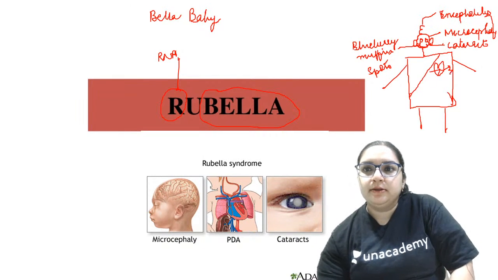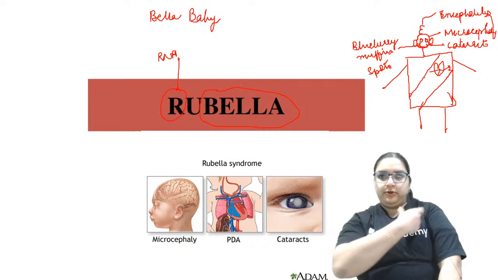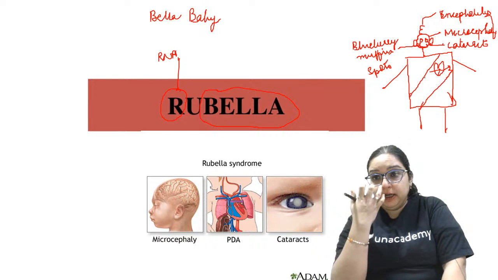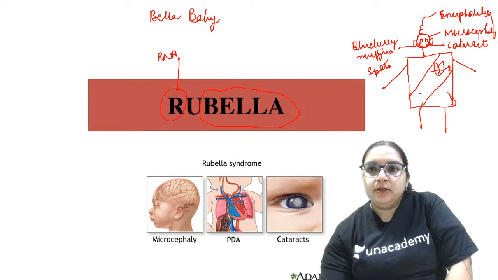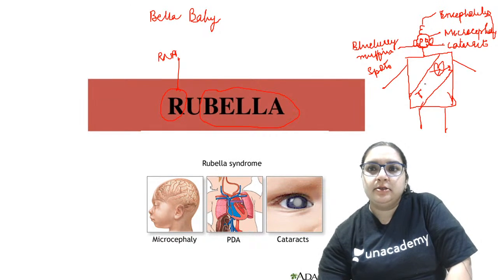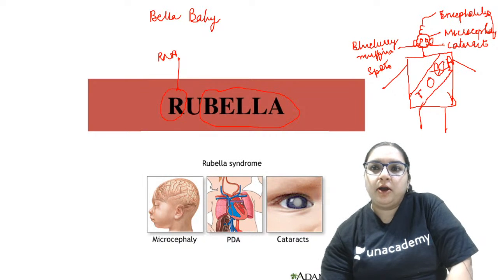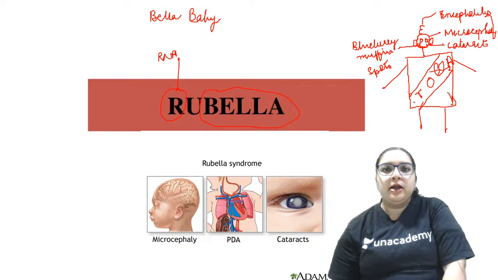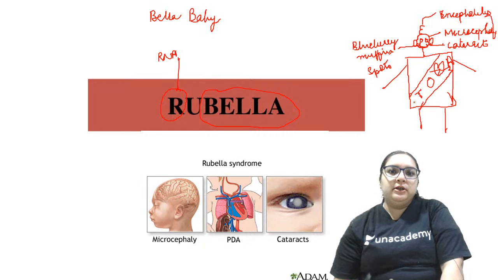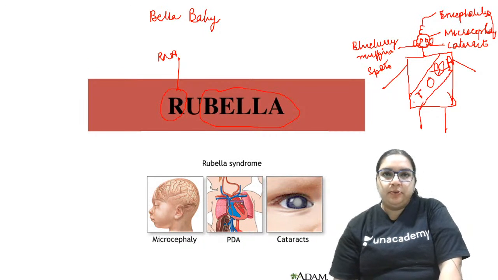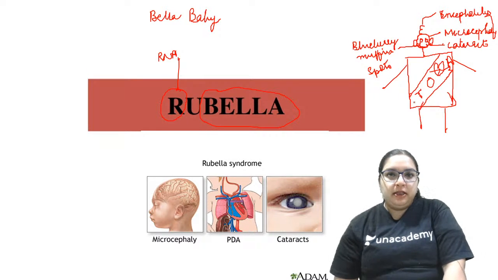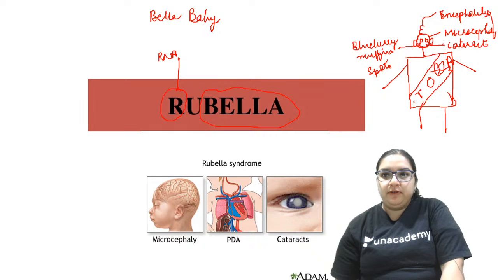Toga is this type of badge that the models wear, so I'm just writing it as toga. What is this toga? Basically, Togaviridae is the family of enveloped viruses that is causing rubella. So that is the toga family.